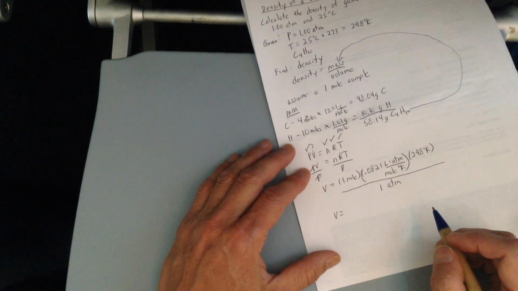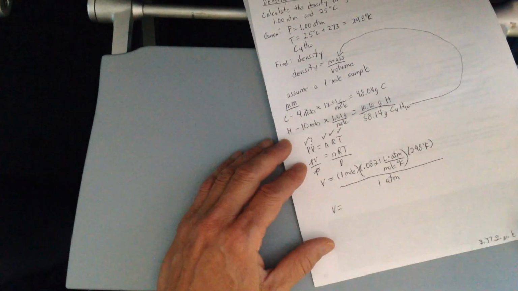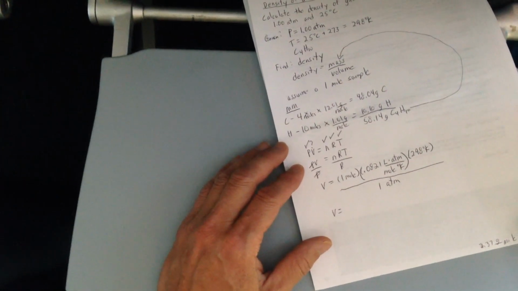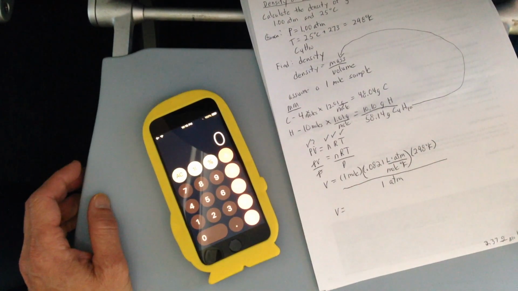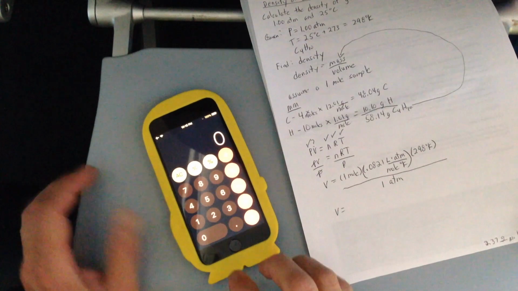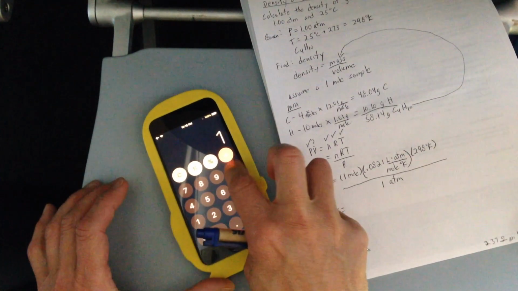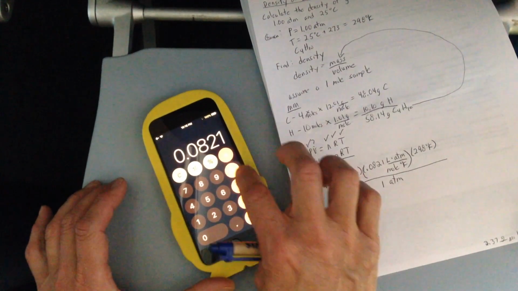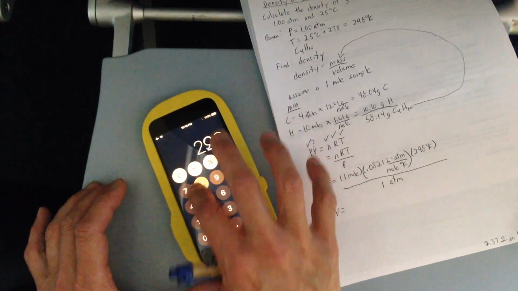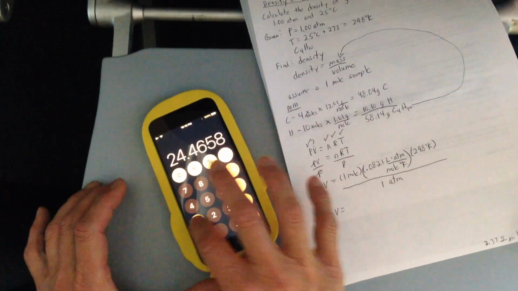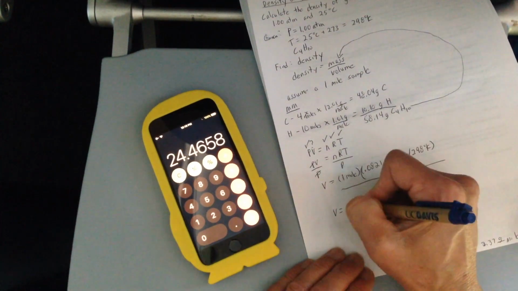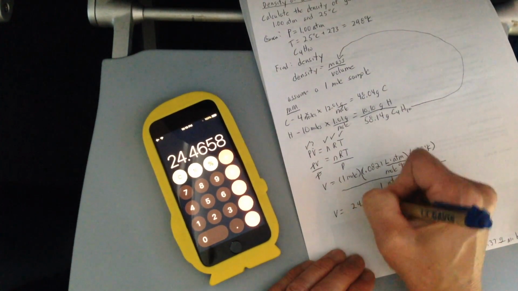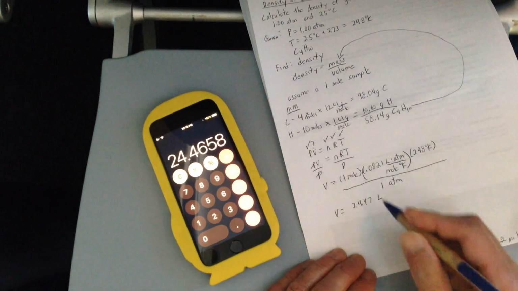Crunch this on your calculator, you come out to a value of 1 times 0.0821 times 298 divided by 1 is equal to 24.47 liters.